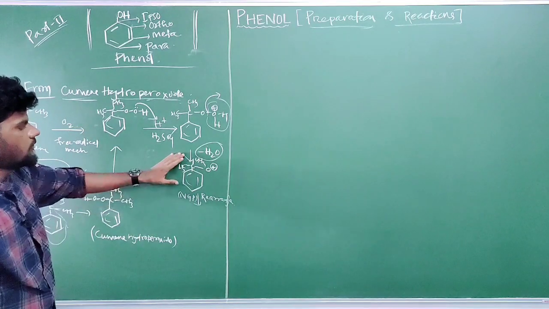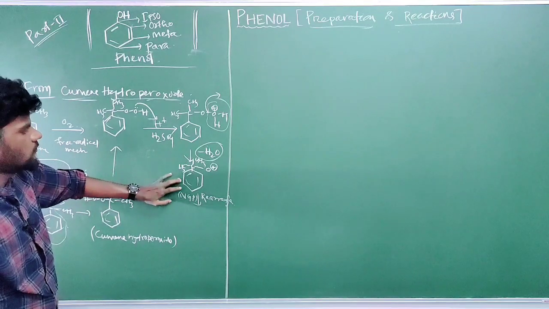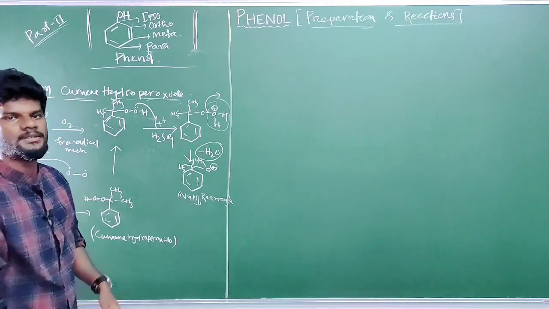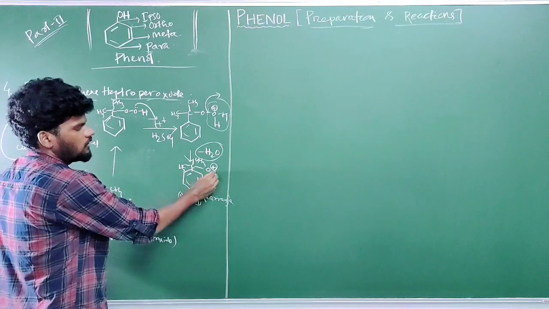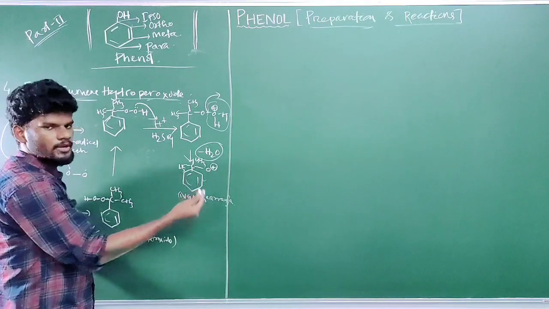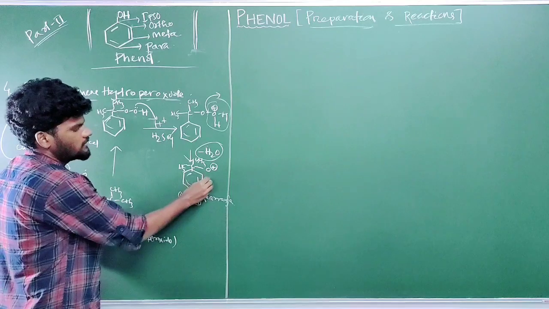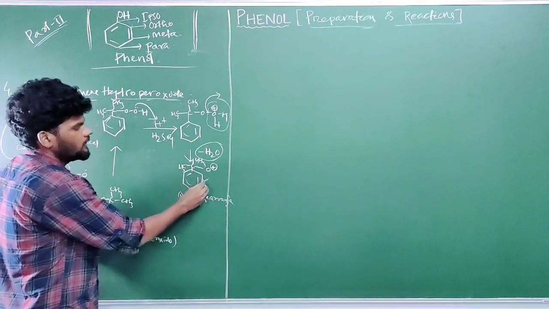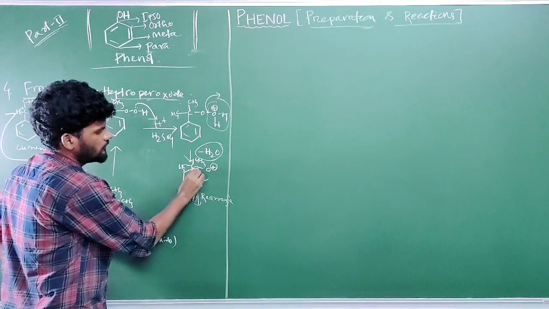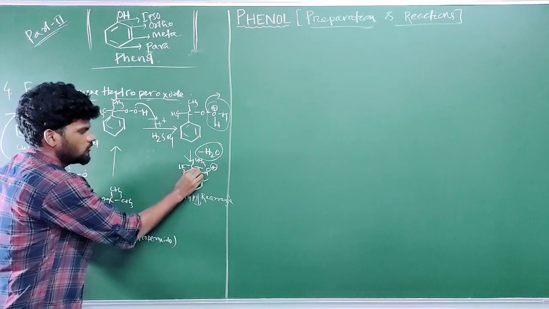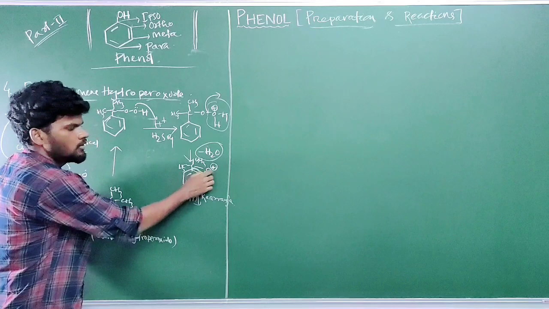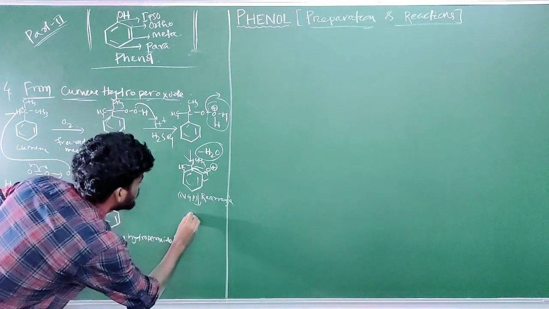Between the CH3 group and the phenyl group, which group has more electron density? Obviously the phenyl group. Here the oxygen is electron deficient, it needs more electrons. So the phenyl group, as it has more electrons, will migrate to this oxygen. Which group migrates? Phenyl group migrates to this oxygen. What will it form?